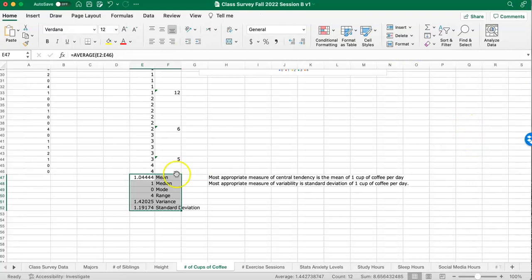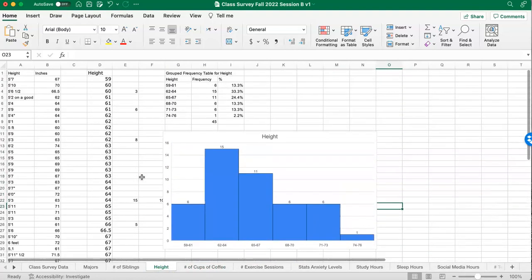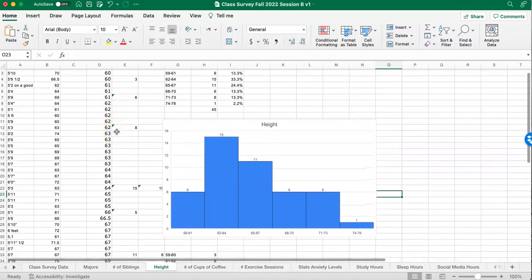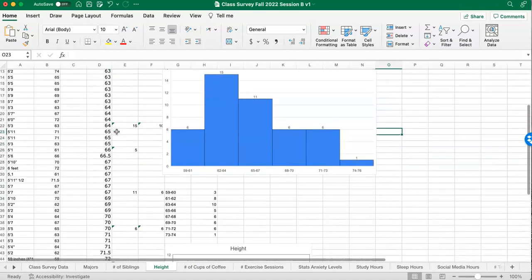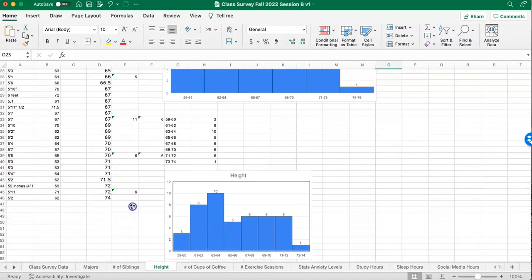All right, so now that we've done the discrete, let's go to height. If you remember, we did height for continuous, right? So here's our height variable, and it goes from E2 to E46 as well. We're going to do the same thing: calculate the mean, median, mode, range, variance, and standard deviation.